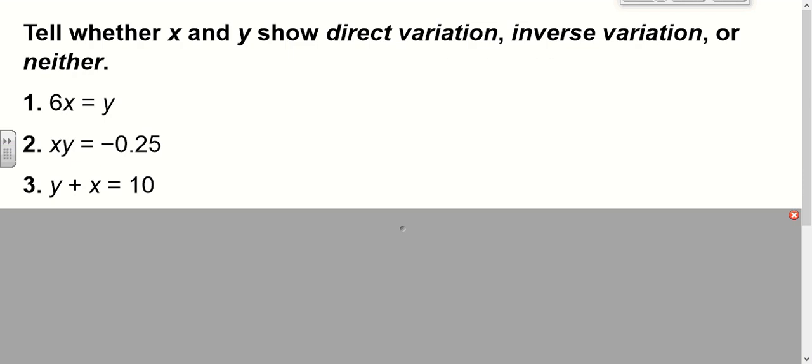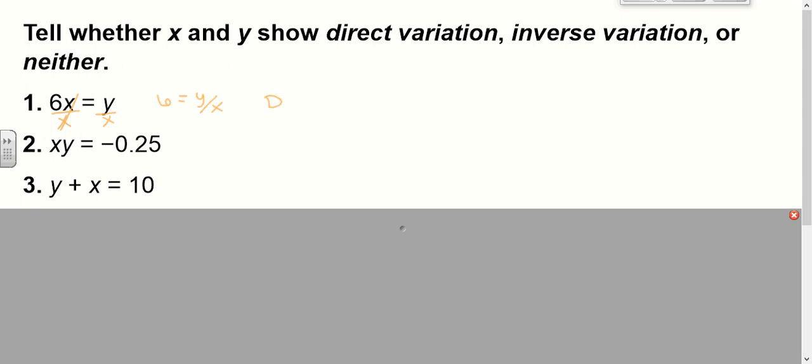Alright, so let's look right here. This is just a little bit of a review of the other problems that we've done. So we have right here 6x equals y. Well, if I divide by x on both sides, I end up with 6 is equal to y divided by x.